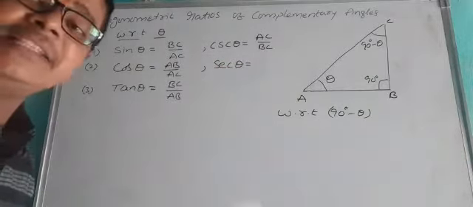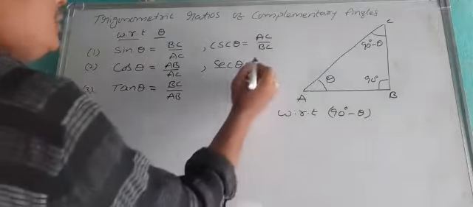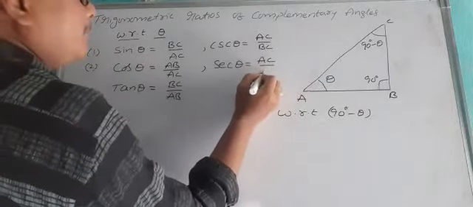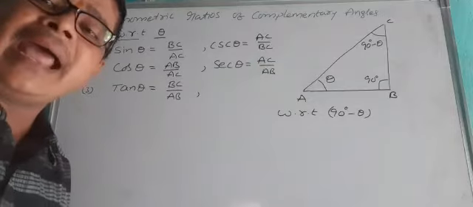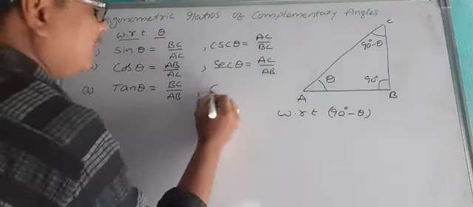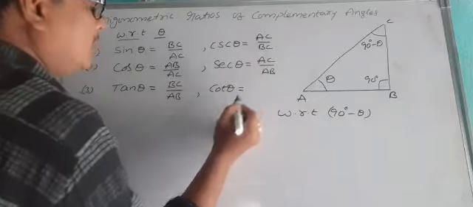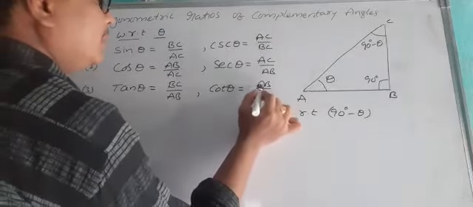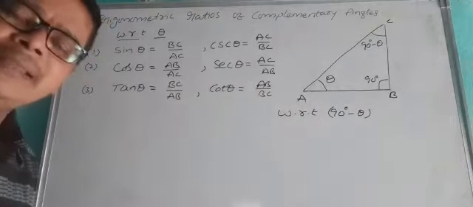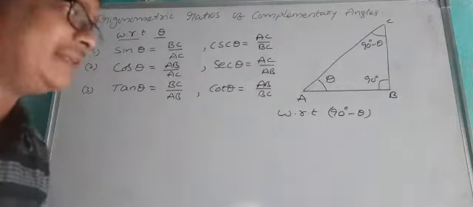Secant theta is the reciprocal of cos theta. That is AC by AB. And another one is cot theta. Cot theta is the reciprocal of tan theta. So cot theta equals AB by BC. Okay, these are the ratios with respect to theta.